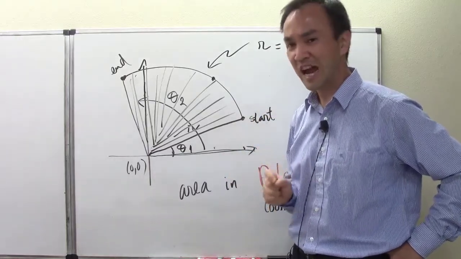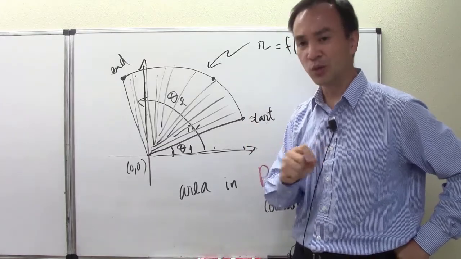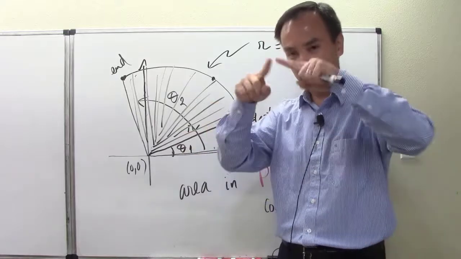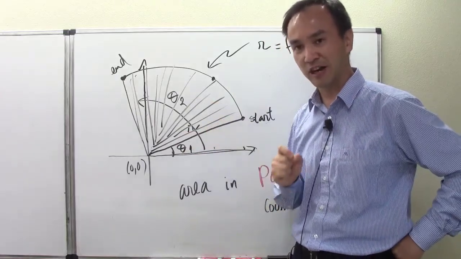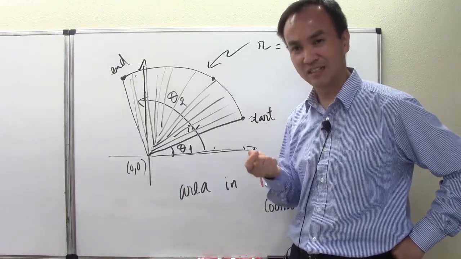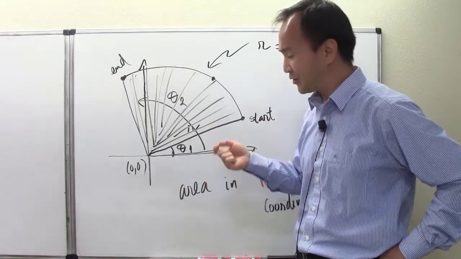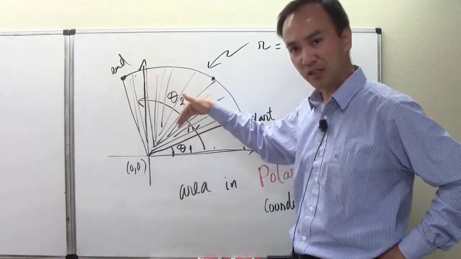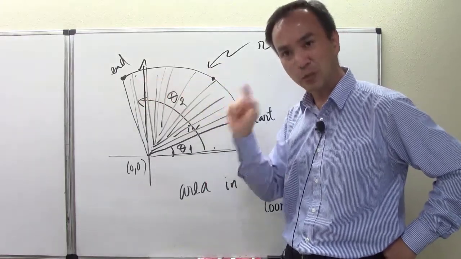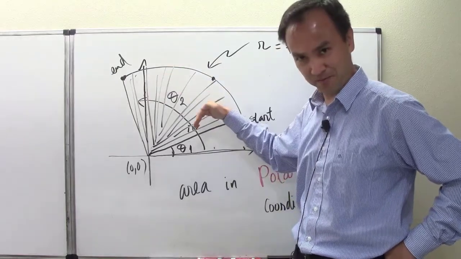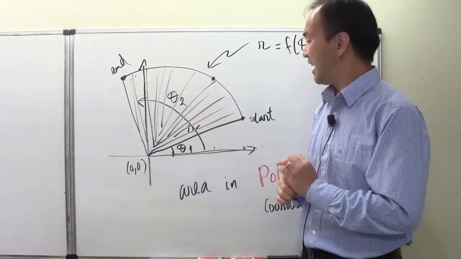You have seen this idea when we applied calculus to finding areas of shapes represented in rectangular coordinates. Now when we are in polar coordinates, it's the same fundamental idea. Anytime we're finding area, we're accumulating little areas.